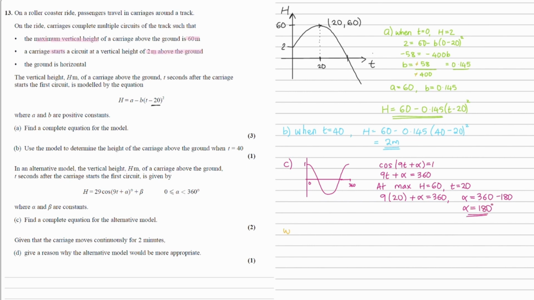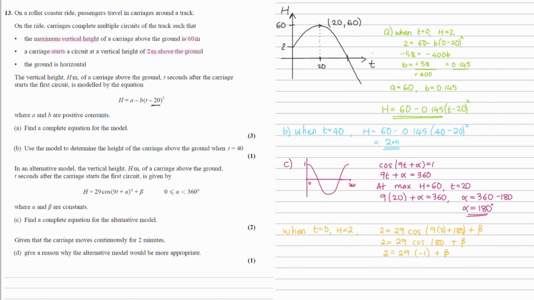In order to find β, we know that when t is equal to 0, h is equal to 2. So if we now substitute that into the equation, we can write this as 2 = 29 cos(90 × 0 + α) + β, and this would be 2 = 29 cos(180) + β. We know that cos 180 is −1, so this is 29 multiplied by −1, plus β.